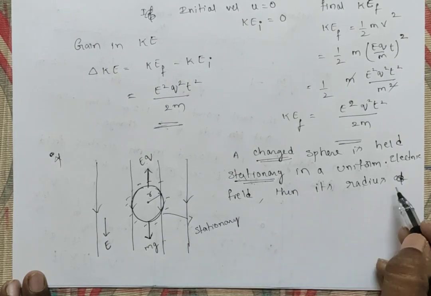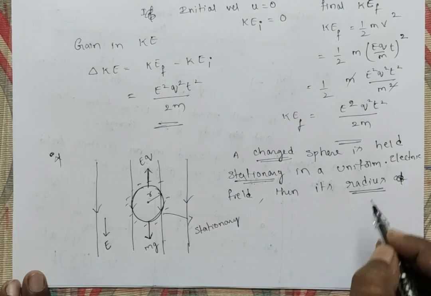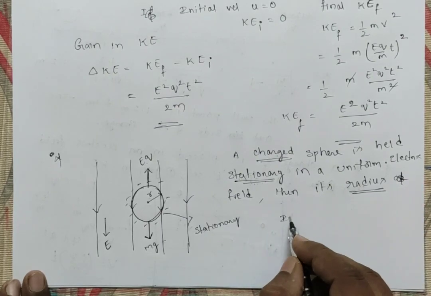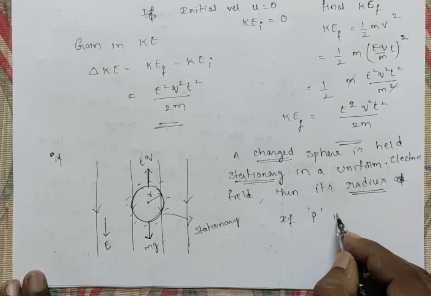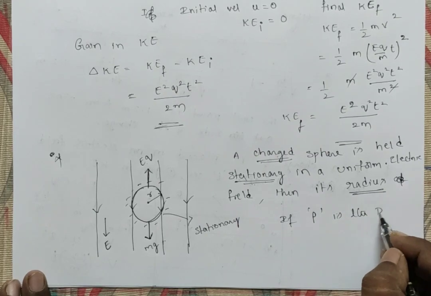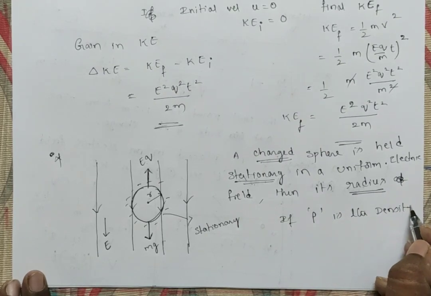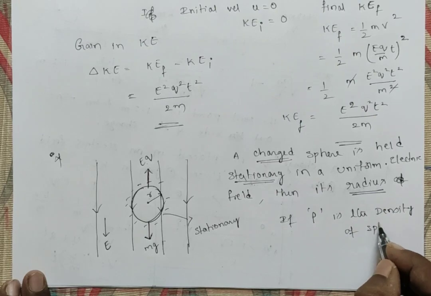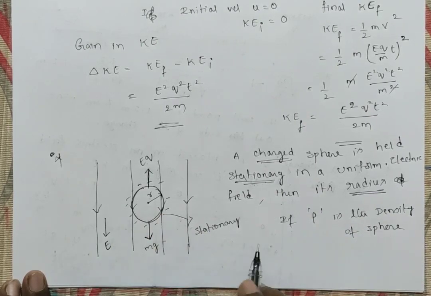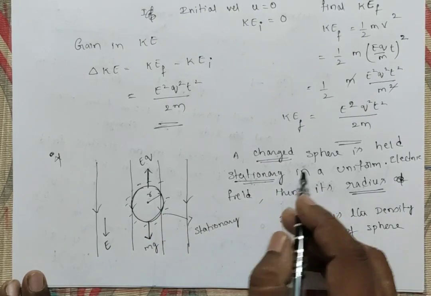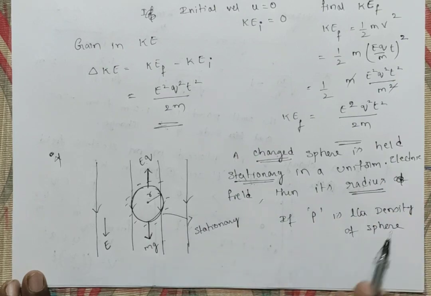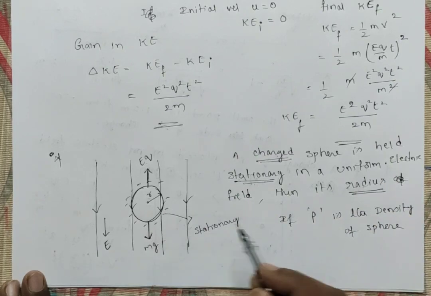Now we have to find its radius. If rho is the density of the sphere, and Q is the charge, what is the radius of the sphere?